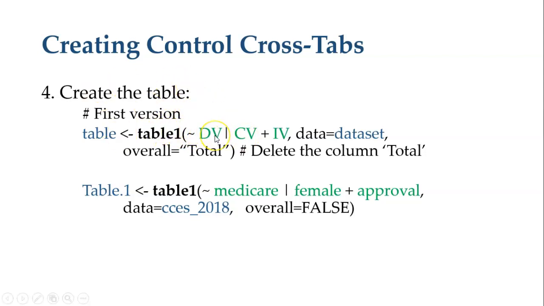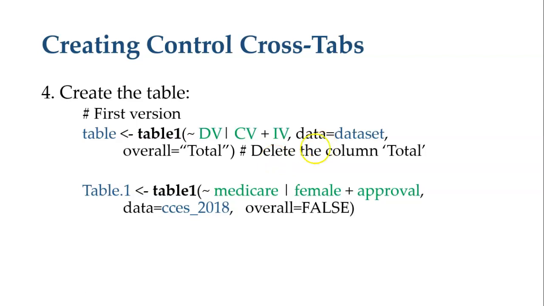The first variable is your dependent variable, and later you use this operator, and later you have the control variable and your independent variable separated by a plus sign. Okay, that's important, and it's important to pay attention to the order. So first goes the control variable and later the independent variable.